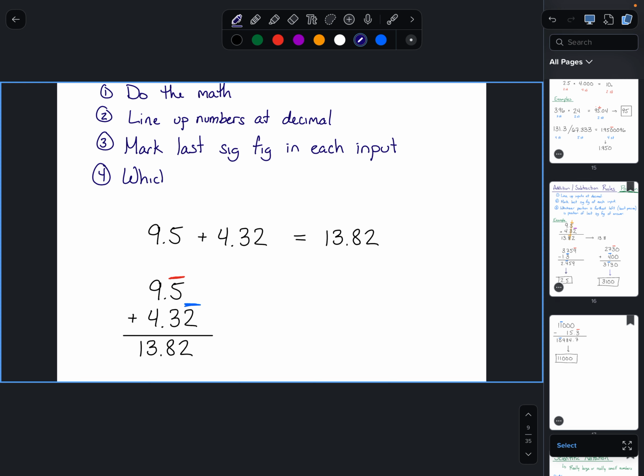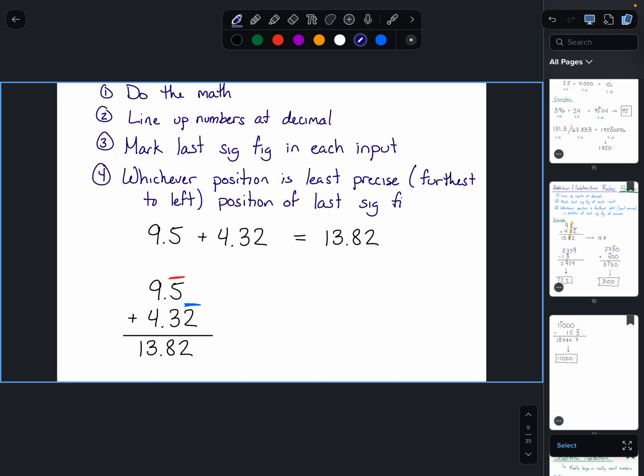Now, whichever position is the least precise, meaning the furthest to the left, that's the position of the last sig fig in our answer.